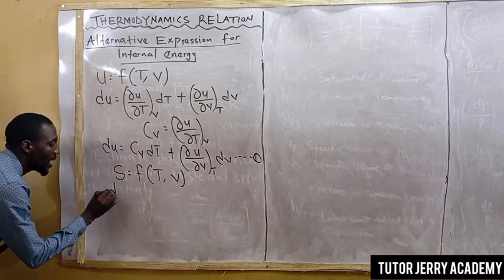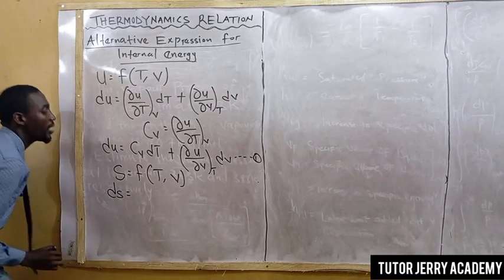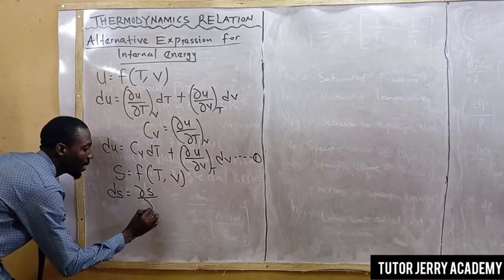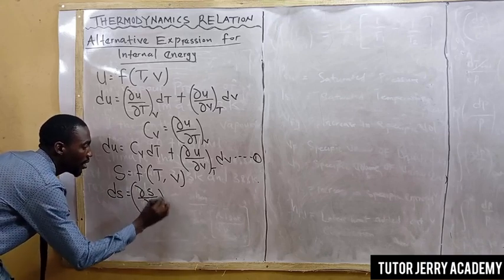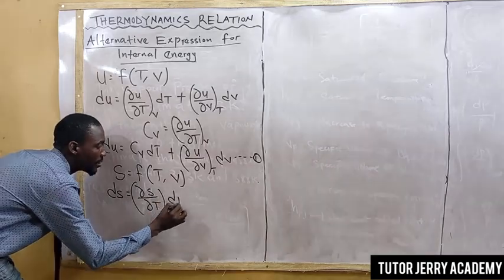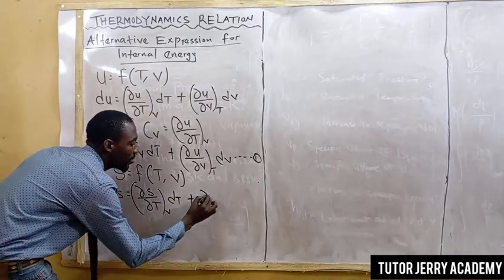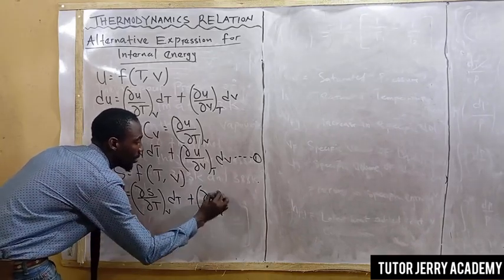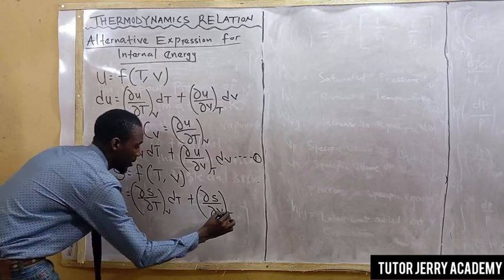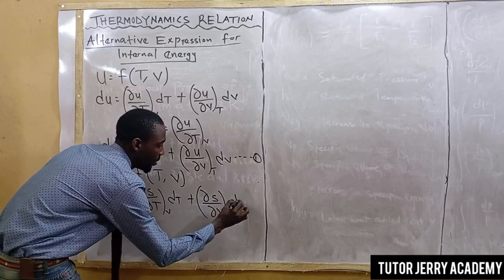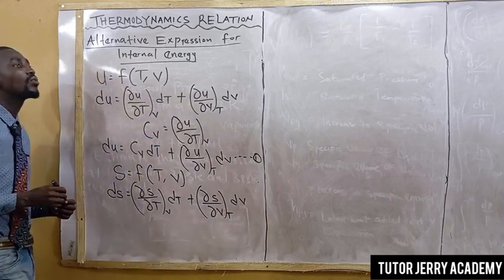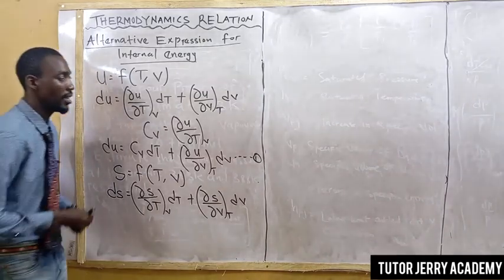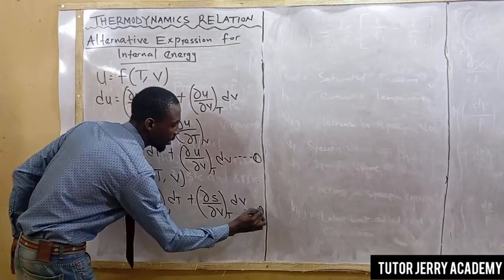So we are going to have dS equal to the partial derivative of S over the partial derivative of T, keeping V constant, dT, plus the partial derivative of S over the partial derivative of V, keeping T constant, dV. Let's call this equation number 2.